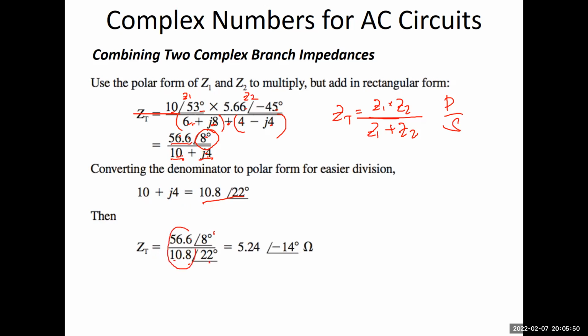Again, we divide this, okay, and then we subtract this one. So dividing 56.6 by 10.8, so we have 5.24, and then subtracting 8 and 22 degrees, so we will now have negative 14 degrees.